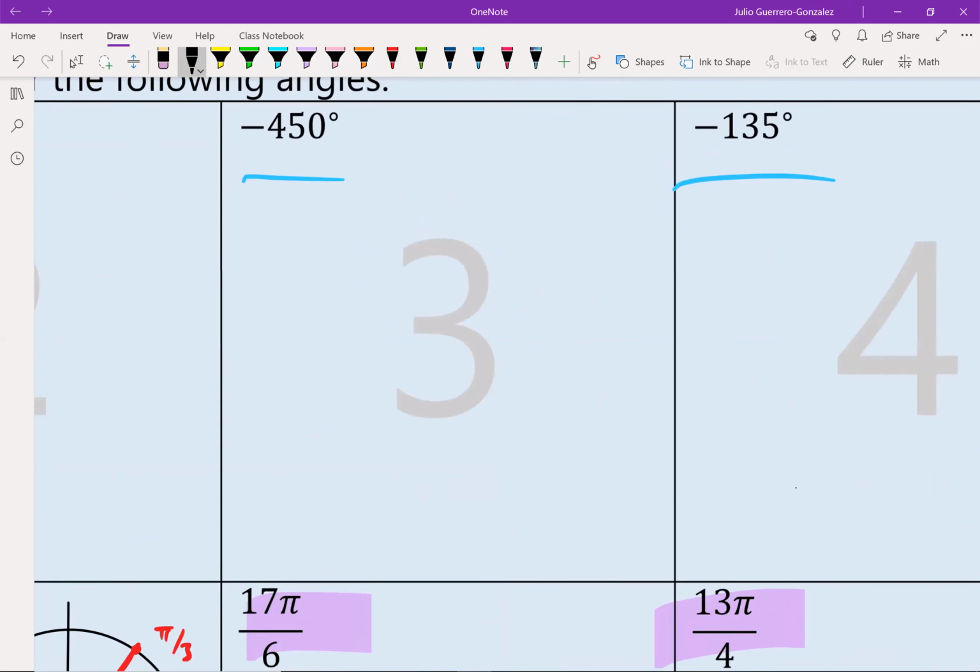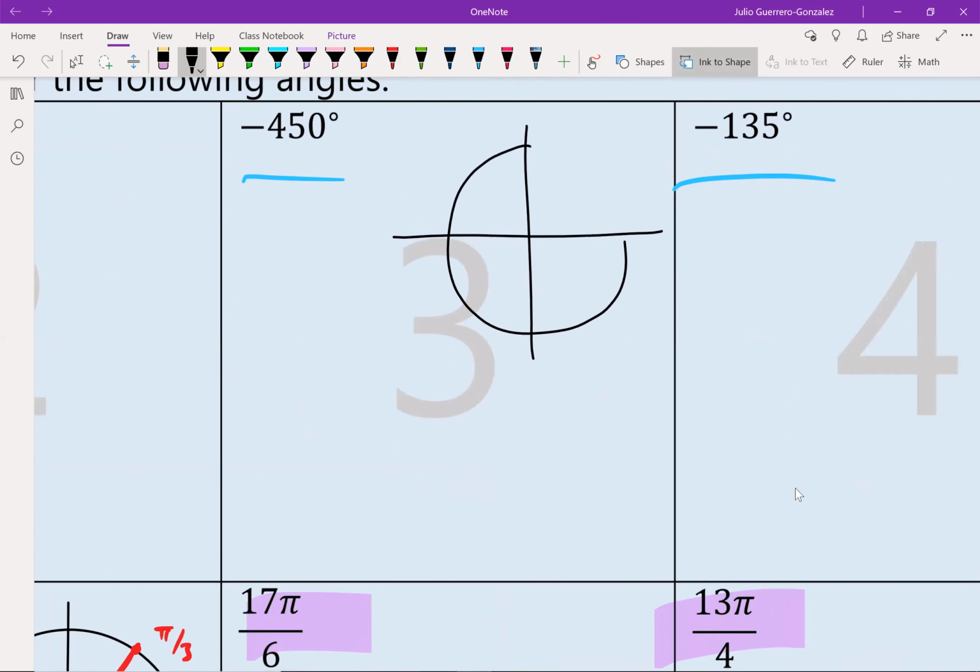Negative 450. Same idea. Okay. So we know that one whole spin around is negative 360 degrees, plus another 90 degrees gets us negative 450.